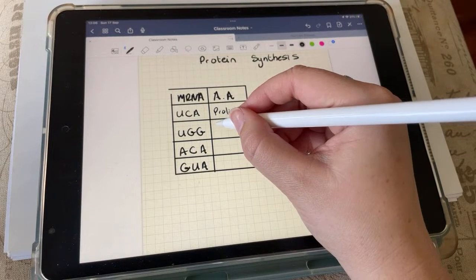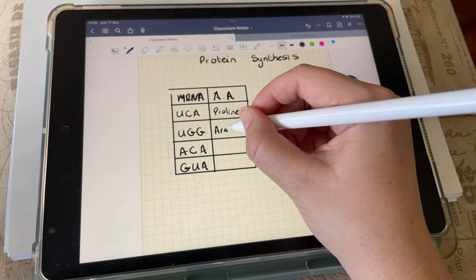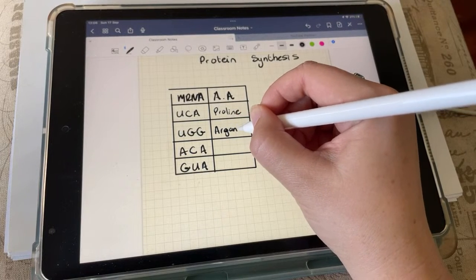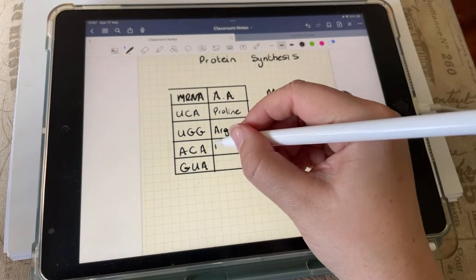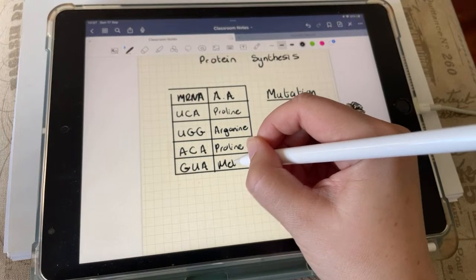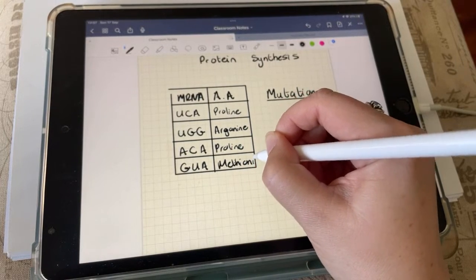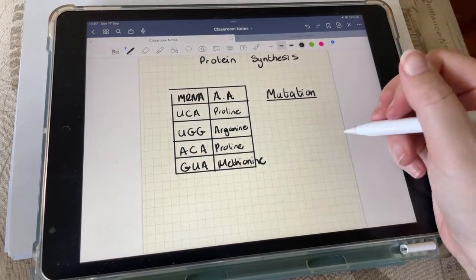Let's do arginine as an example. Let's do proline again, and then methionine. And if you ask me, ma'am, do we have to know all the amino acid names? No, you don't. I just know them from learning them in varsity.